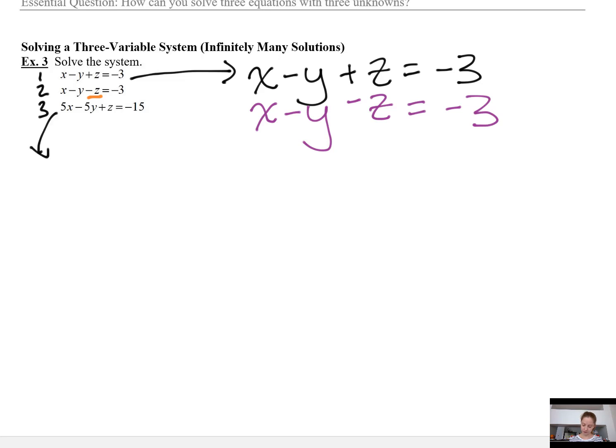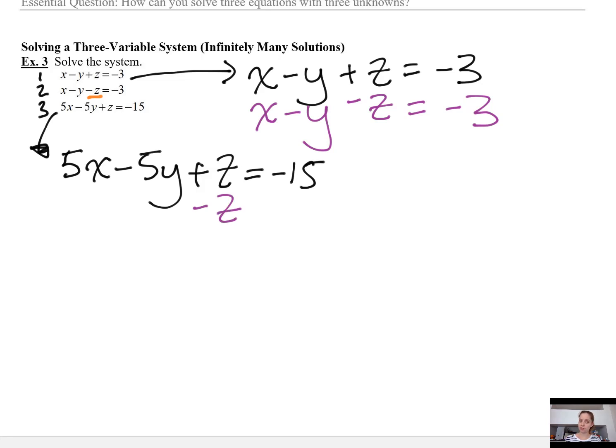And then I'll also be looking at the third equation. And I want a negative z. And I can just use that second equation again without manipulating it at all.